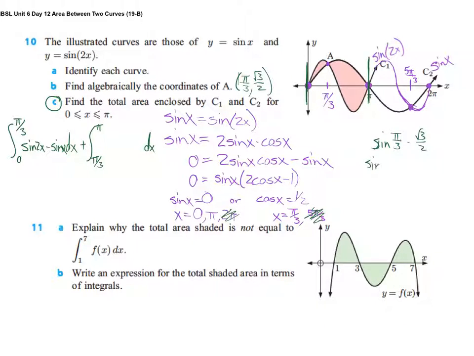The sine of 2 times that, so 4 pi over 3, oh wait, that was 2 pi over 3. So sine of 4 pi over 3 is negative. Therefore we're doing sine of x, that's a minus negative sine 2x. Okay, so good. We're doing sine of x first, because it's on top, minus the sine of 2x.